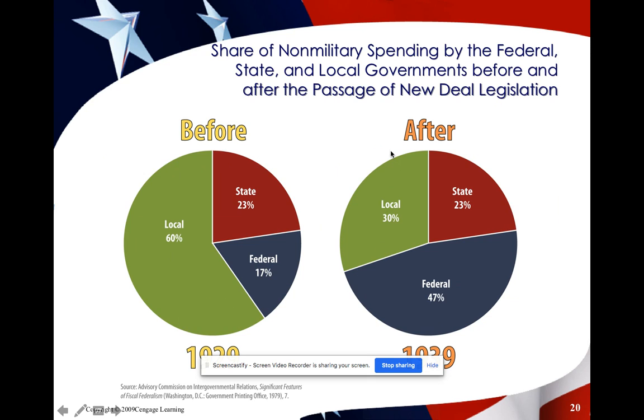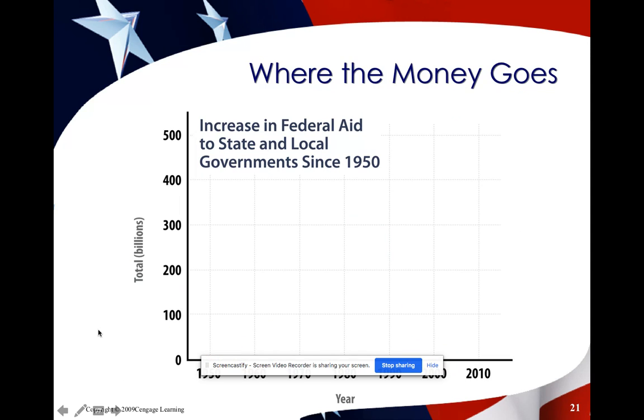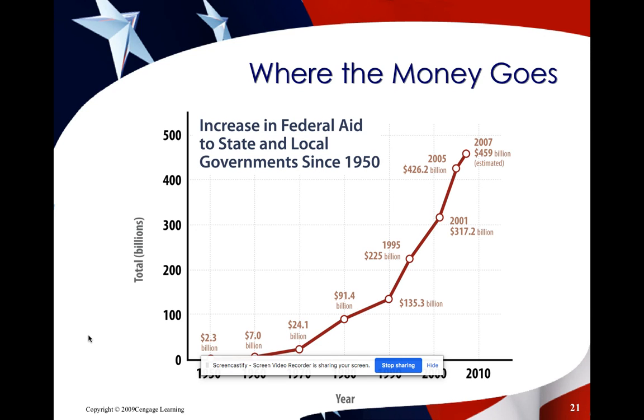Okay, so here's a chart, and you can see the federal government, when it comes to spending, has increased, and that has also increased their influence. Here's an increase of federal aid to state and local governments since 1950. And when we get the 2020 stats, it's going to be even higher.